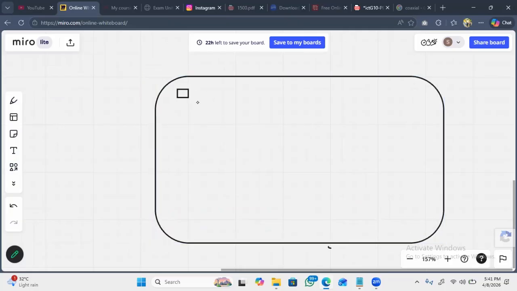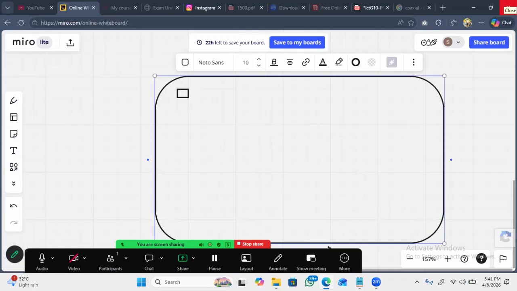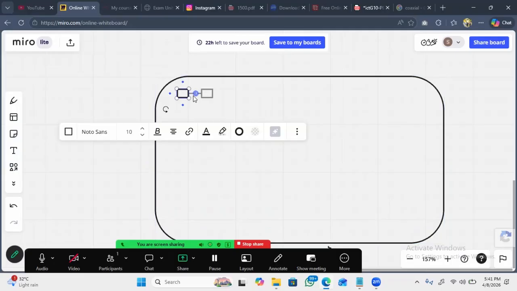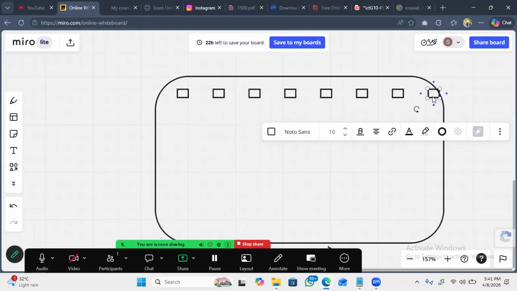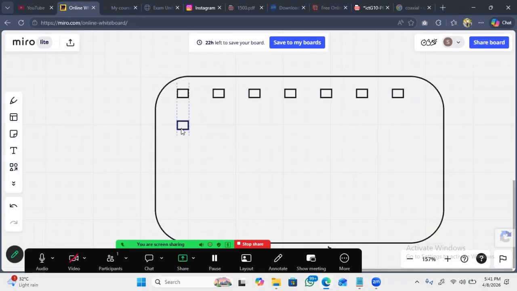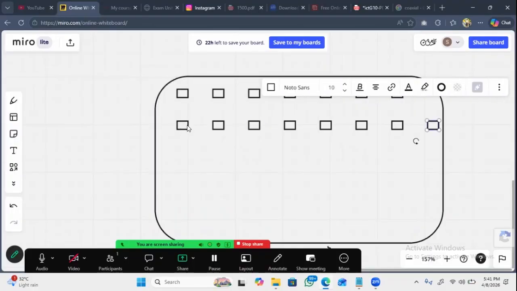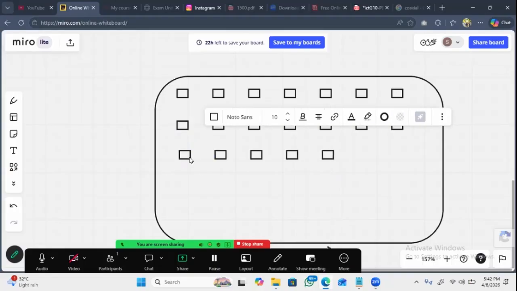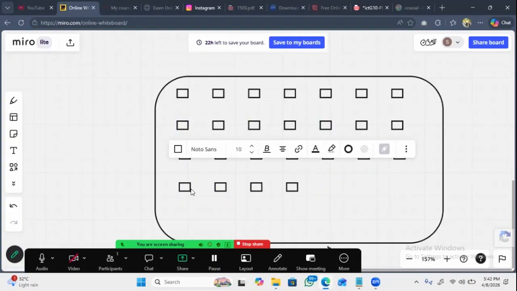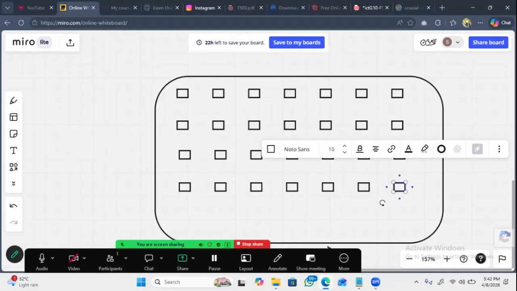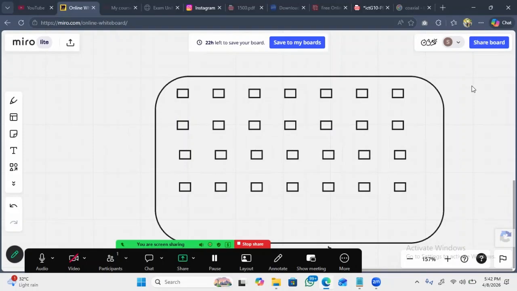Wait, let me draw several computers so you can get the idea. Now you are in a computer lab in your office room.